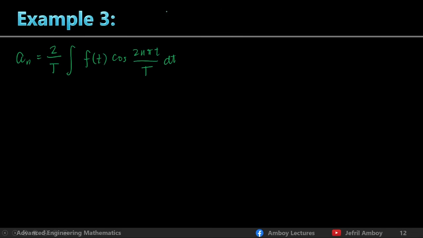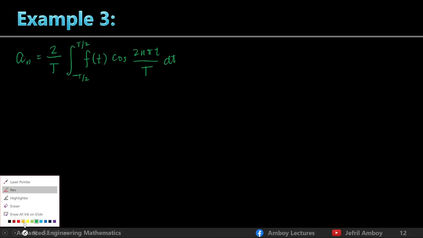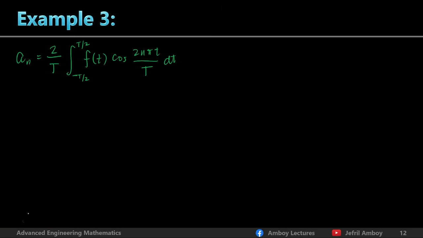Okay? And since this function is even, instead of integrating from 0 to t, we integrate from negative t over 2 up to t over 2. We also have to consider the fact that the function is even. Baka makalimutan mo yan ha. Lagay natin dito ng subscript na e to indicate that it's an even function.